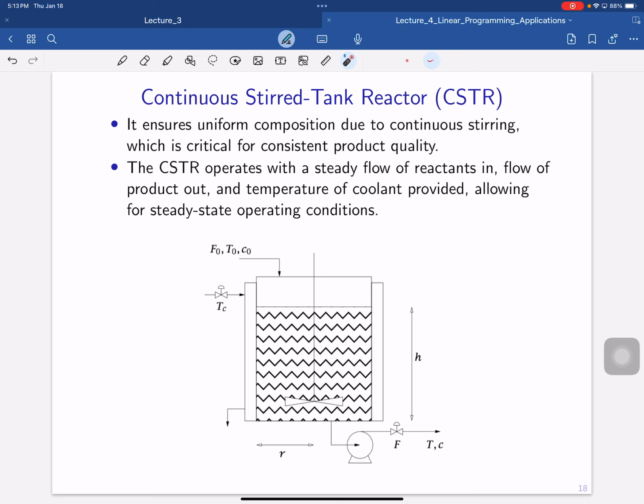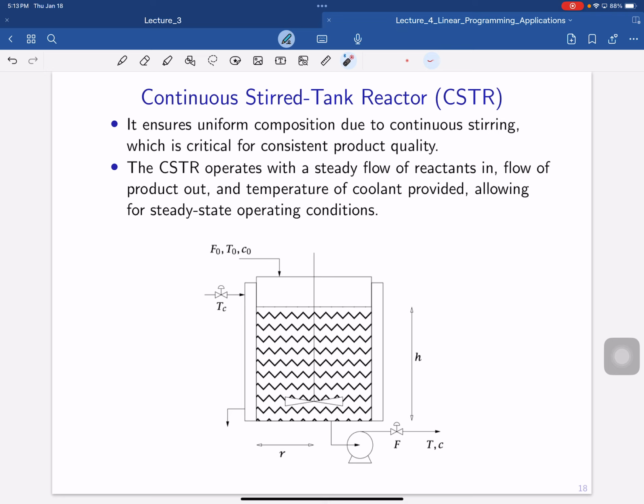Okay, so let's say in a chemical reactor, in a very simple case, you are trying to produce chemical C from chemical A and B, right? And then you can feed those chemicals into those reactors continuously. Suppose there are some flow rates.